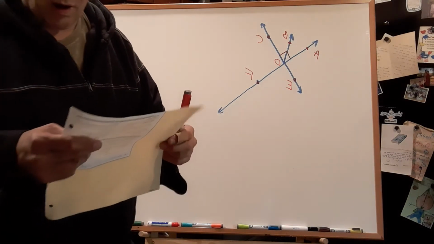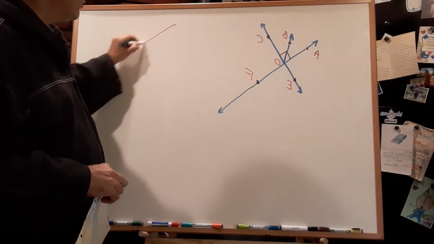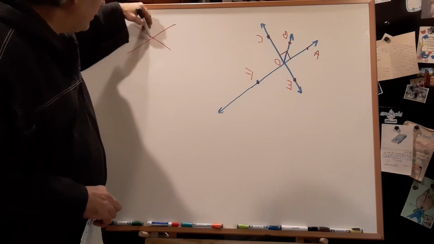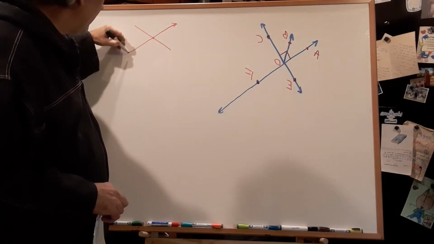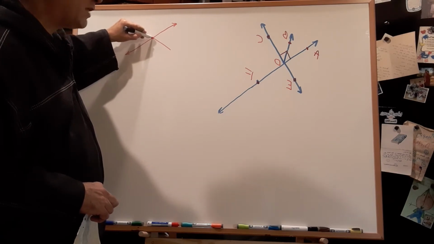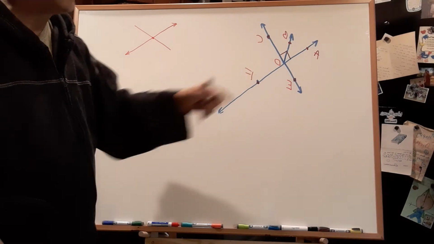All right, vertical angles. Remember, the whole idea of vertical angles is you're just drawing intersecting lines. Starting from the origin, this intersection point, that ray and that ray are opposite rays.